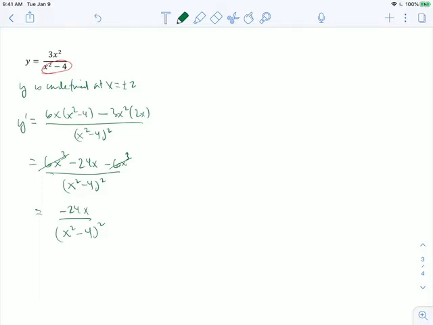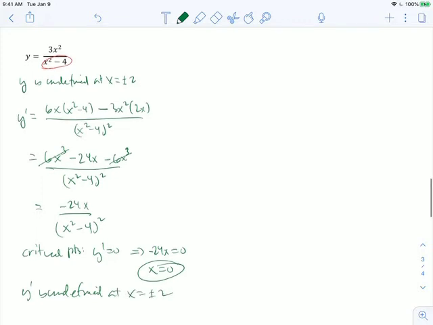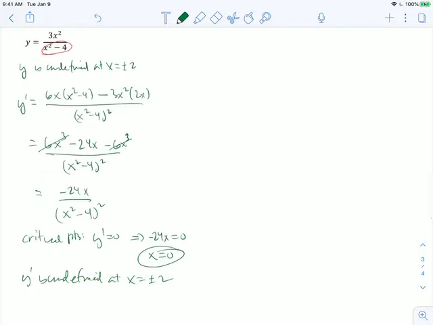So in terms of critical points, well, y prime is 0 when the numerator is equal to 0. And so I get x equals 0 as a critical point. And notice that y prime is undefined at x equals plus or minus 2. But since the function was undefined at plus or minus 2, those aren't critical points, but they are points that we need to pay attention to.